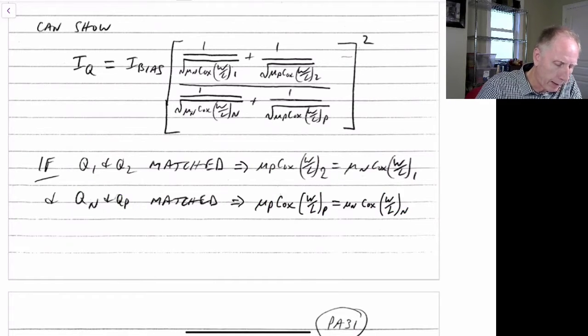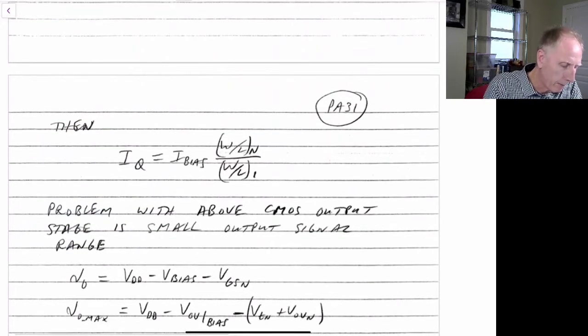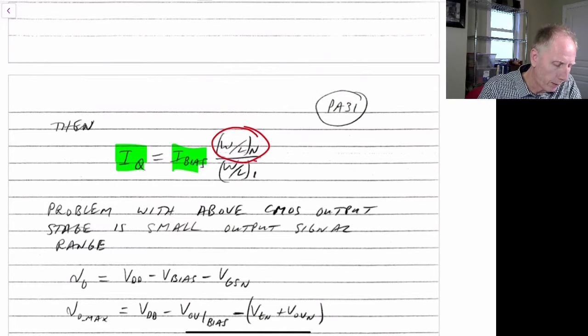And if we do that, then the above equation simplifies to just be the quiescent current is the bias current times the relationship between the width over length of the power transistor relative to the width over length of the bias transistor.